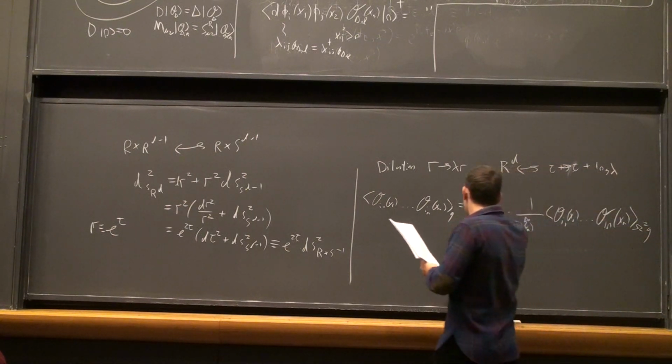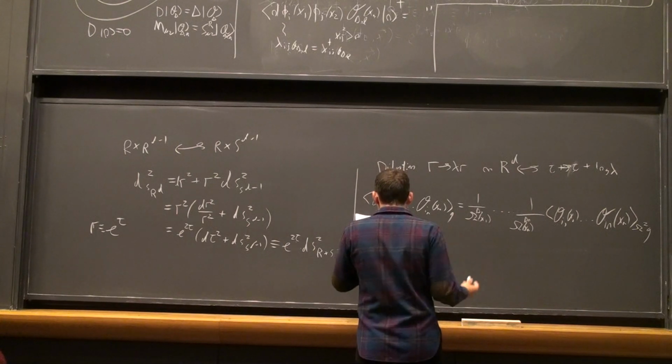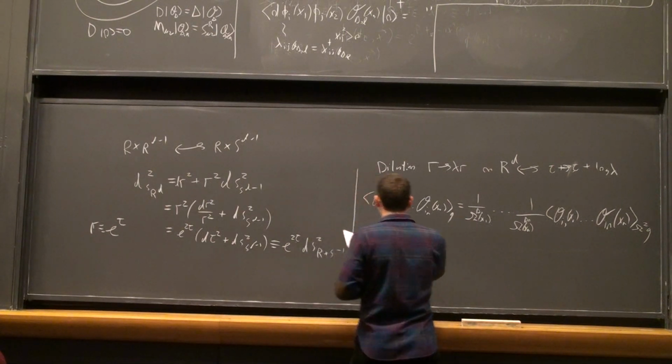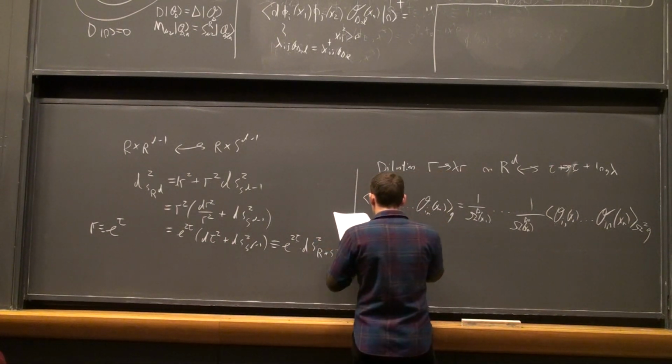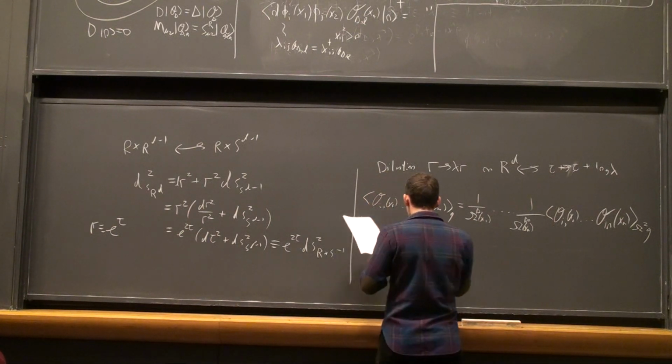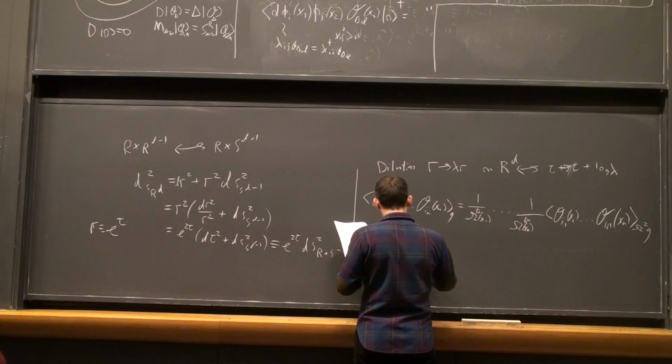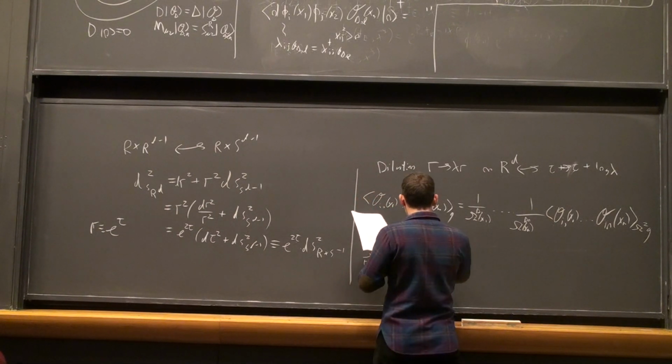So inspired by this conformal transformation, we are motivated to define cylinder operators. The cylinder operator will have tau as defined there, and then it'll have this vector n, which is a unit vector on S^(D-1).